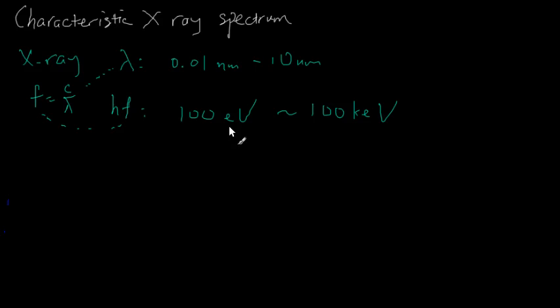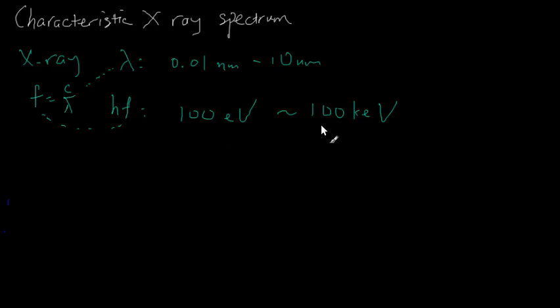Which is why, just by looking at this, if you want to produce a photon using an electron beam hitting a metal target with this kind of energy range, you have to use a voltage in that kind of range as well.